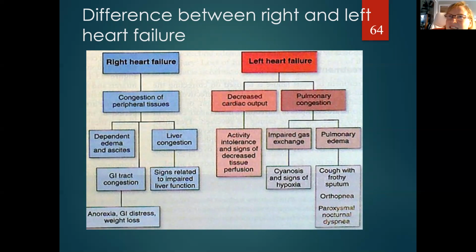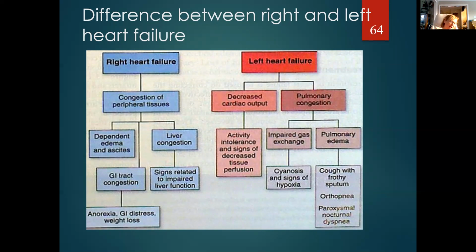We see that dependent edema, so in our feet, legs, and also sometimes ascites. So that's where we have that fluid accumulating in our abdomen. Part of that happens because we can have congestion in blood flow to our liver. We also have congestion in blood flow within our GI tract, and signs that would be related to both that and impaired liver function.